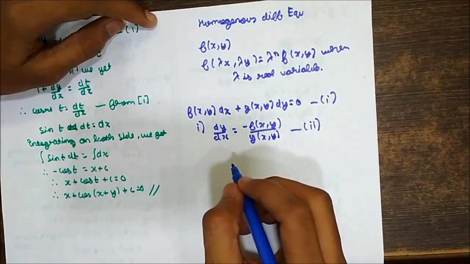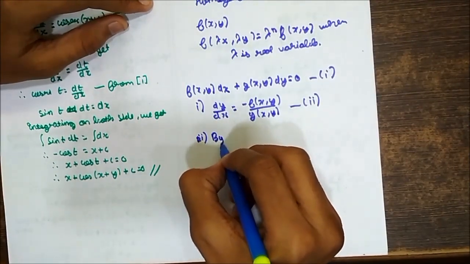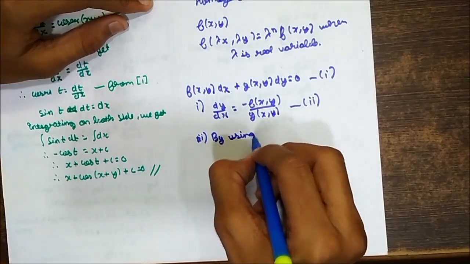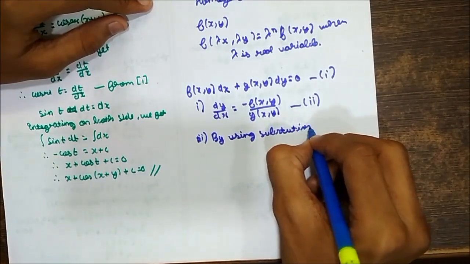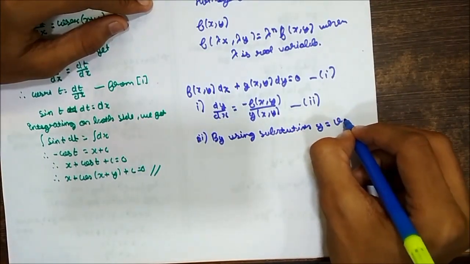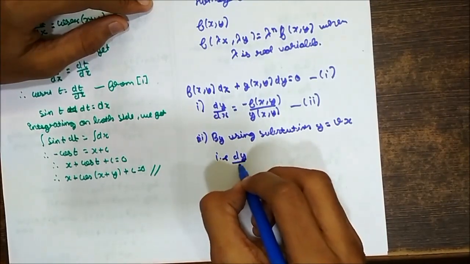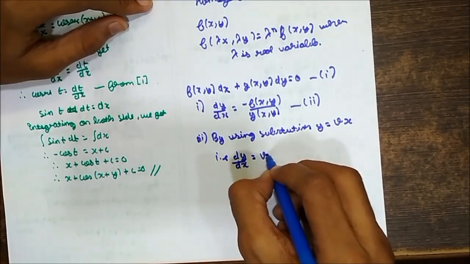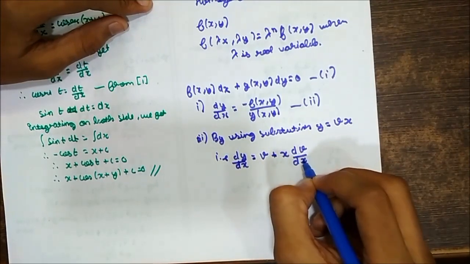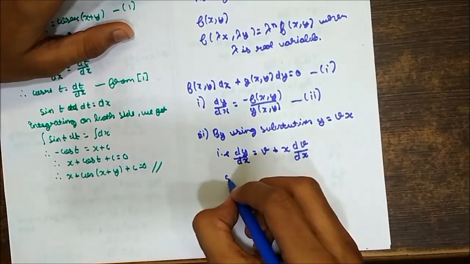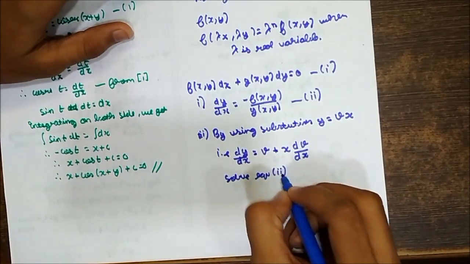By using the substitution y is equal to vx, that is dy by dx is equal to v plus x dv by dx, now solve equation 2.